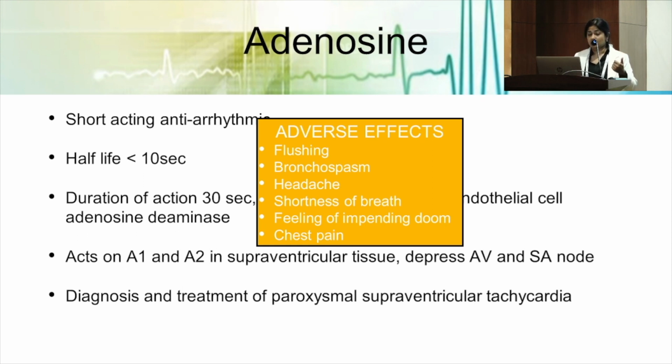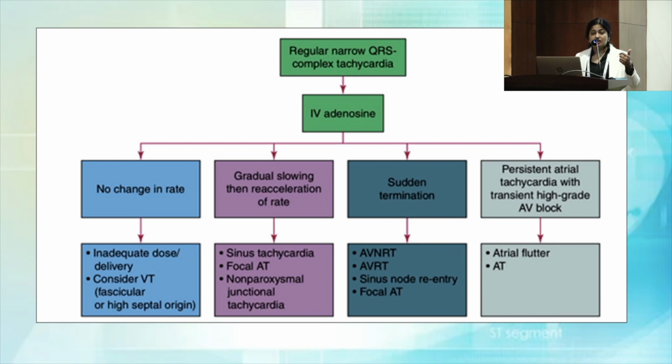How does it help in diagnosing? It's based on the response we see after administering adenosine. If there's no change in rate, either we have not given an adequate dose, that is, first dose of 6 mg, second dose can be repeated at 12 mg, third dose again 12 mg. So if your dose is not adequate, that can be the reason for no response, or if it is a ventricular tachycardia.